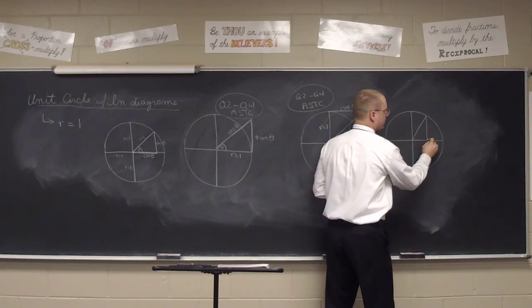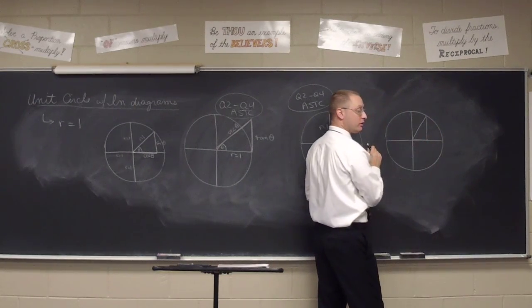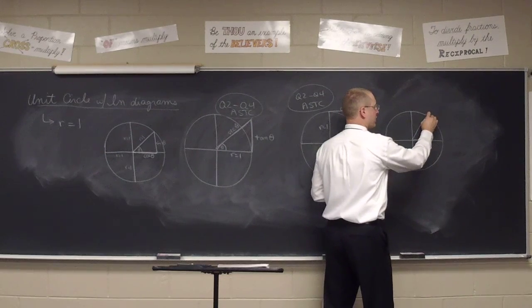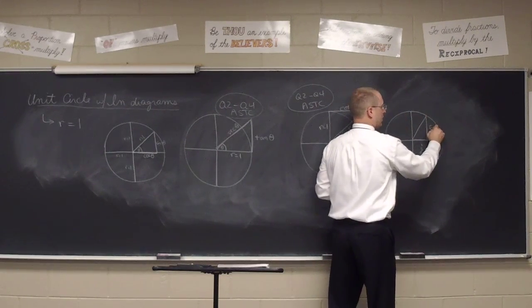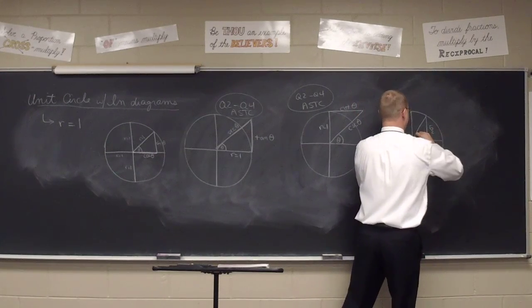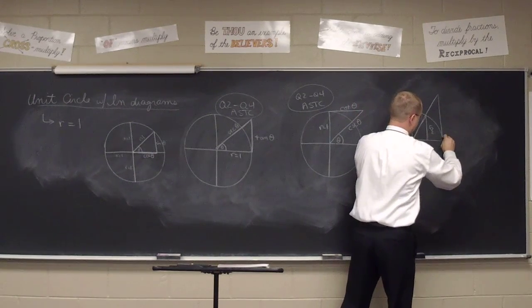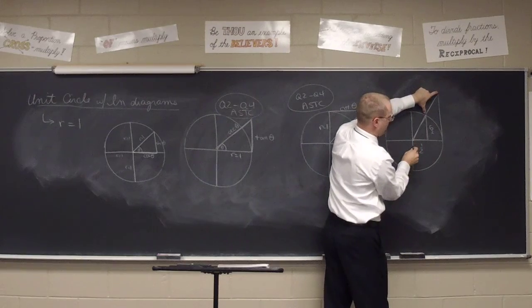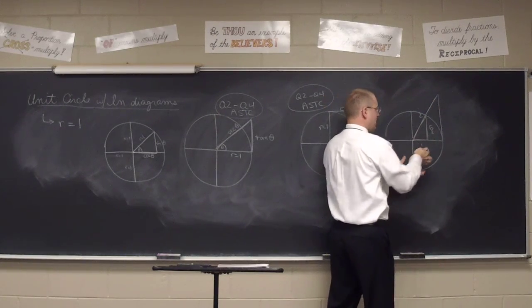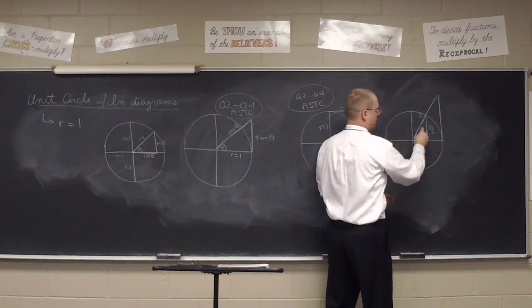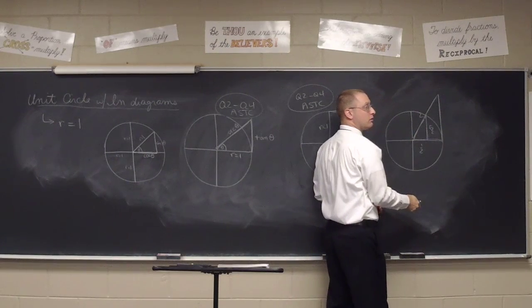Notice the cosine line first of all. Half. So how about this line, which is almost 1? Square root of 3. Now here, the tangent line is like this, but notice first of all the secant line. Double, so 2. What about the tangent line then? We got 2 here, 1 here, square root of 3.